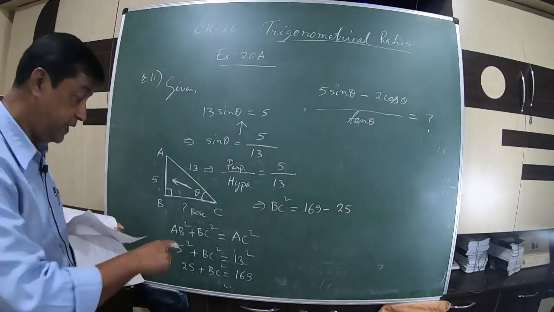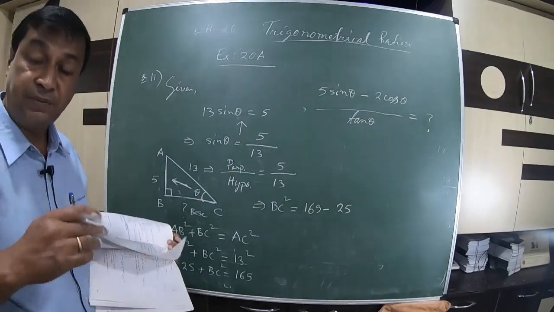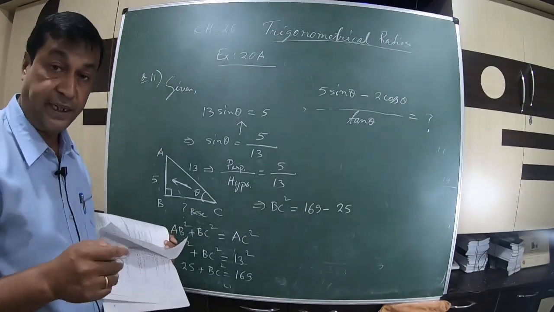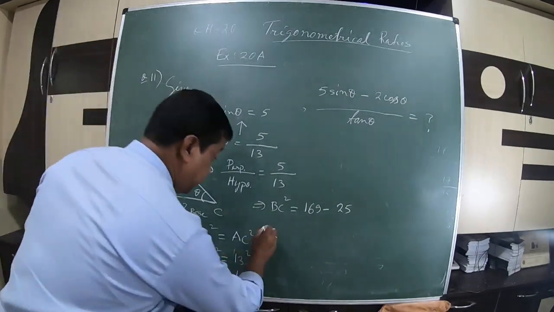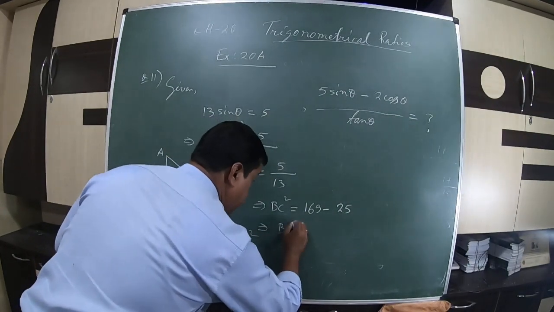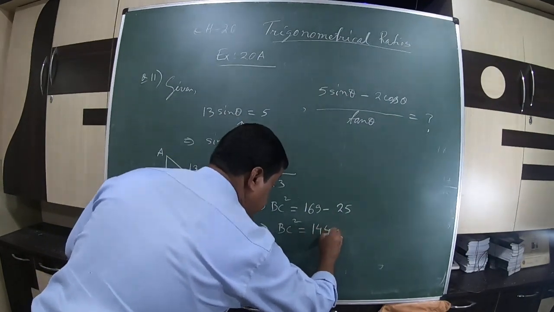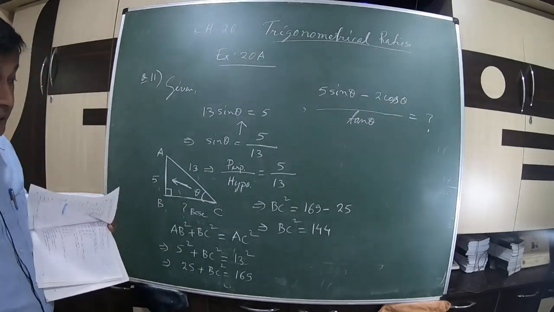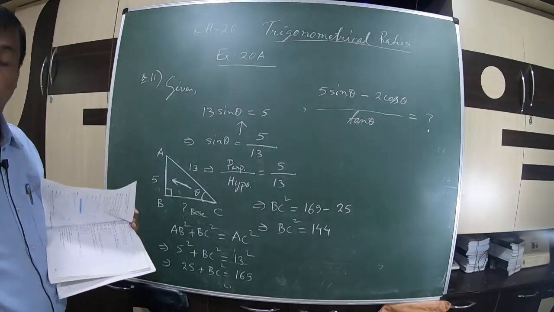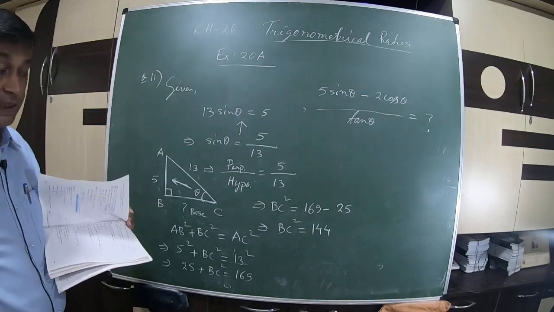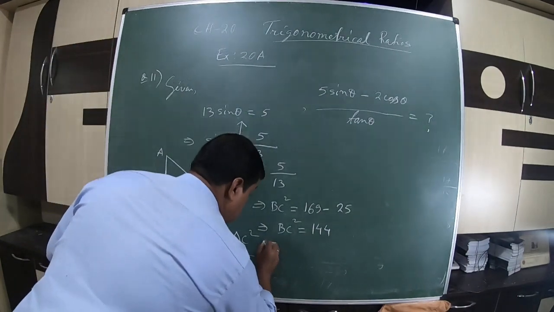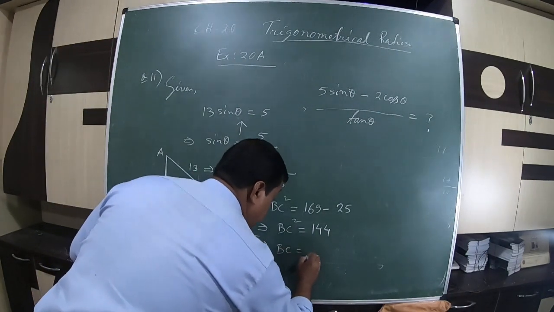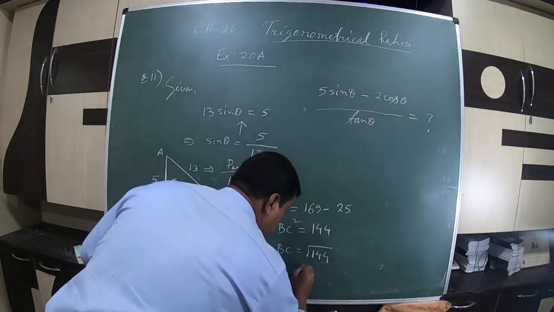So when it goes to the right hand side, it becomes minus, plus to minus. Is that clear? Now BC square equal to 144. 169 minus 25, how much is it? 144. Now BC equal to root over 144, that is equal to 12.